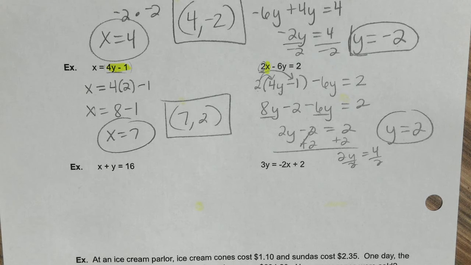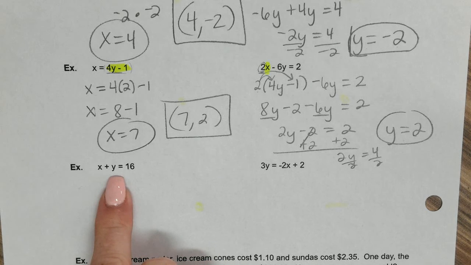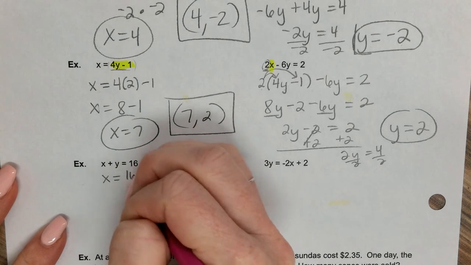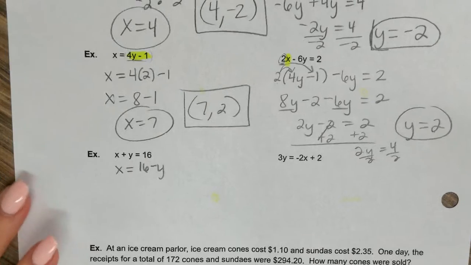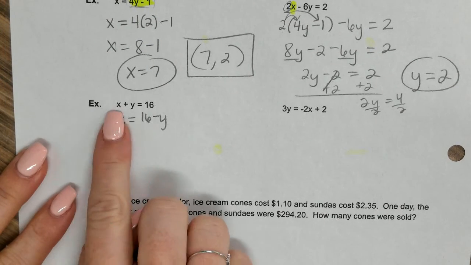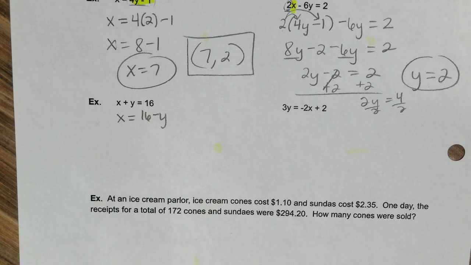Subtracted. Oh, let's all do the same thing though. Do y'all want to solve for x or for y? For x. Okay, so how would I get rid of the y? Minus 1. Okay, so 16 minus y. All right, just so that we're all doing the same thing. Because either one, you could have picked either one of those, right? Right? Yes.